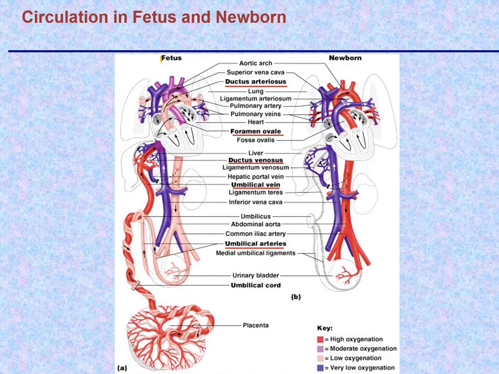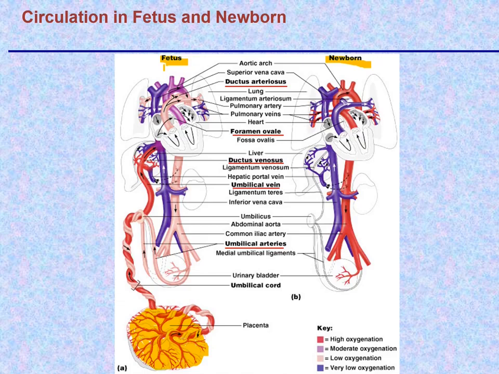So here we have a slide showing the fetal circulation, and this is quite advanced in terms of development of the fetus, and then in the newborn. Let's start actually at the bottom. This is the placenta, where the maternal circulation and the fetal circulation are in very close proximity, but separated from each other by the chorionic villi.